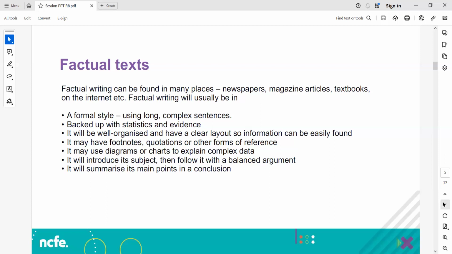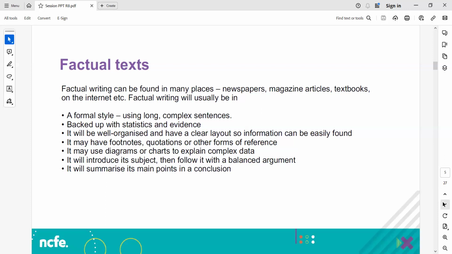So the factual text will, for example, an academic text or in a textbook talking about an illness, it will then have quotations and so on, references to studies, statistics, or other books that have been written on that subject. And to aid understanding, it may have diagrams or charts which explain the complex data that is included.